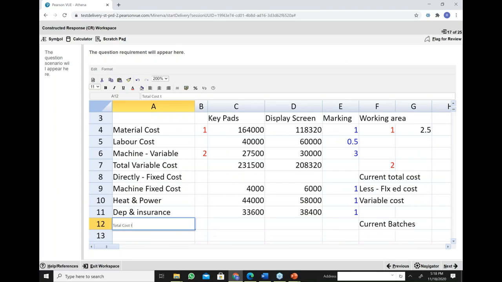Now, total cost to make, and here we are at the decision. Variable cost, let's add all. Okay, so this is the total cost to make, including variable and fixed.